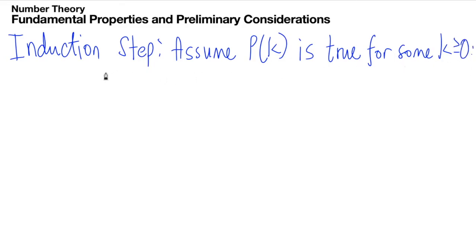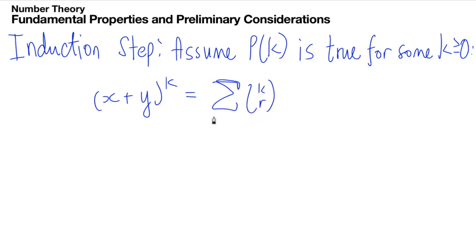So this will be our induction hypothesis: (x + y)^k is equal to the summation of k choose r, r running from 0 to k, of x^(k−r) y^r.